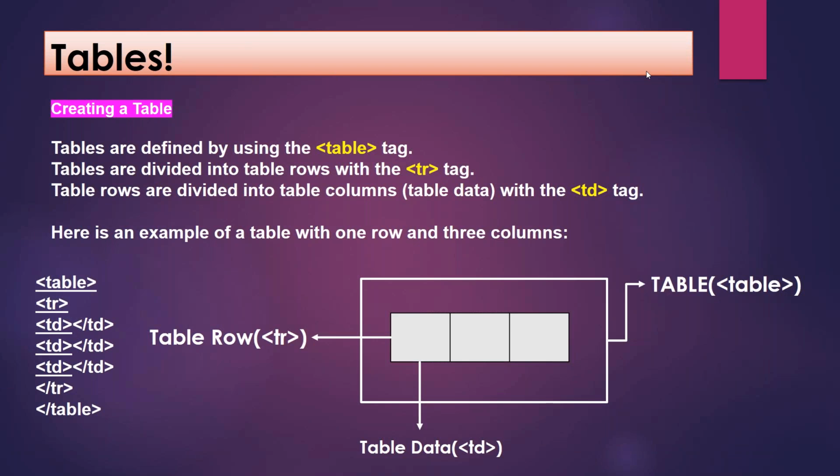So did everyone recall? Can anyone say what the 3 types of lists are? Ordered list, unordered list, and description list. Okay. What are the tags of the list? For ordered list, defined by OL, and items are LI. Perfect. For unordered list, it is defined by UL and items are LI.